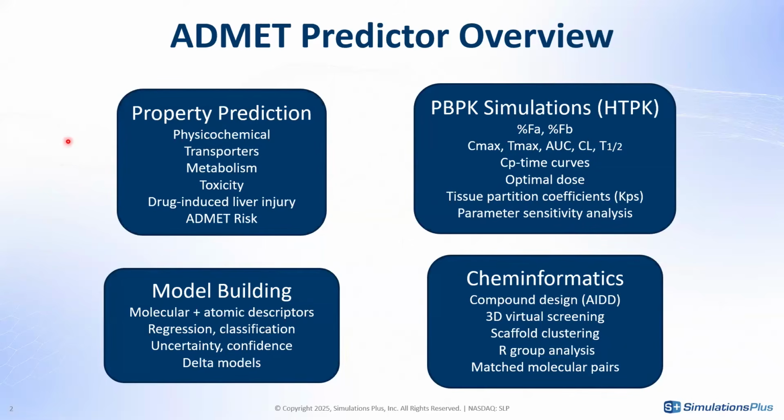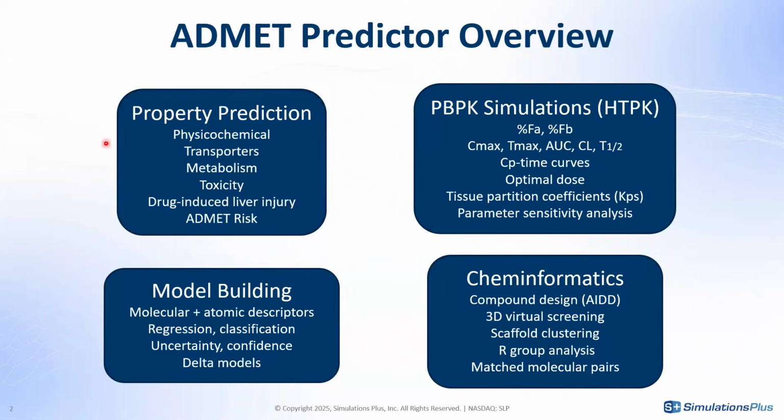ADMET Predictor has 4 main sets of functionality. The most well-known is property prediction. As of this version 13 release, I believe we have something like 220 predicted properties in the software across the categories listed here.